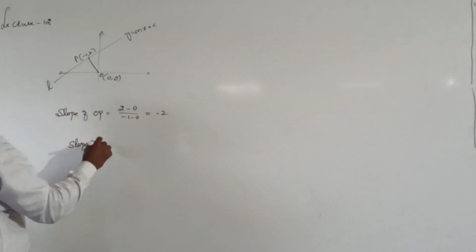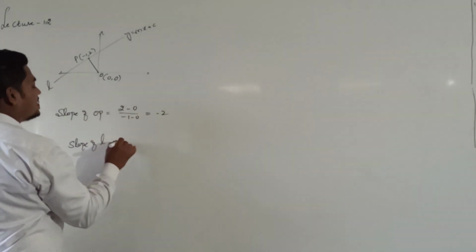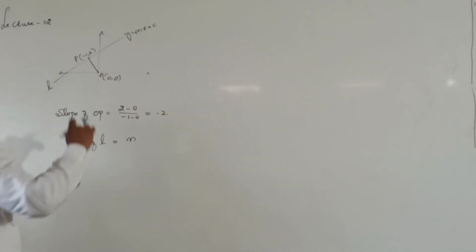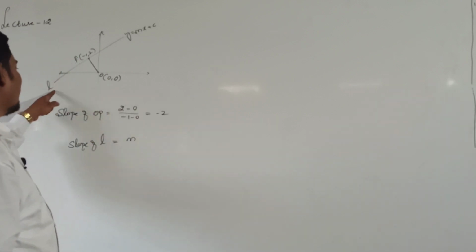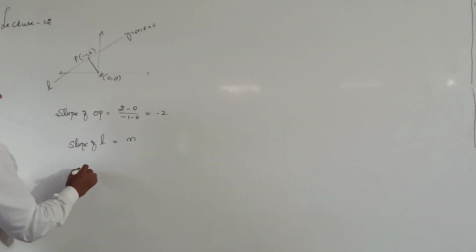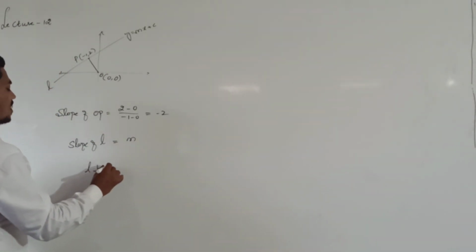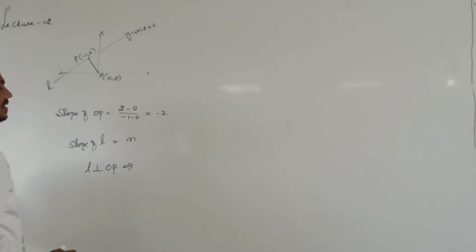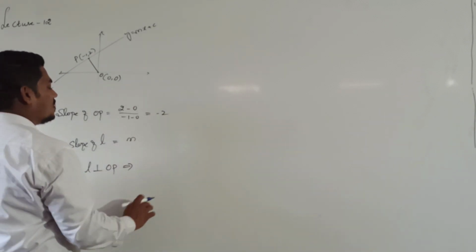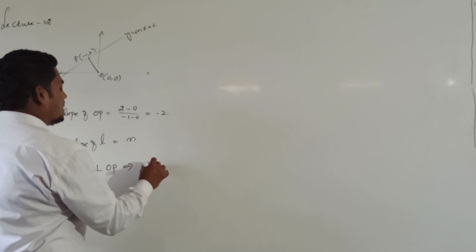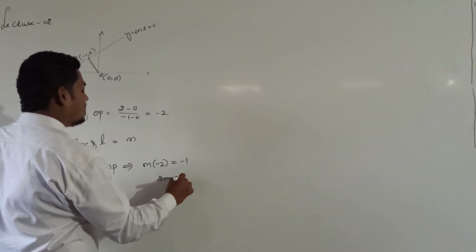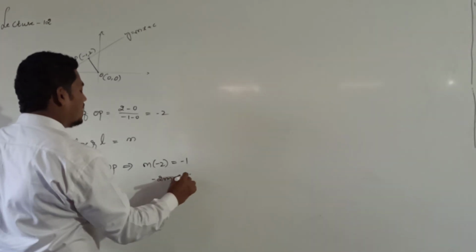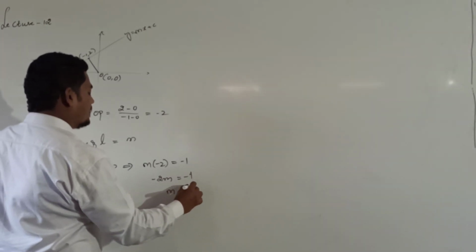Take this as L. Slope of L is equal to m only, because it is like y equals mx plus c, meaning m is the slope of this line L. Then clearly L is perpendicular to OP. L is perpendicular to OP means the product of their slopes equals -1, so m into -2 is equal to -1. So 2m is equal to 1, so m equals 1/2.